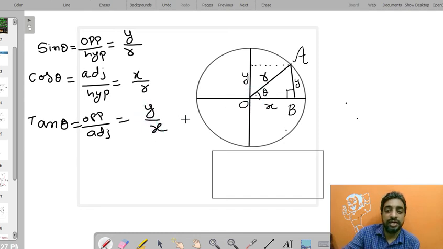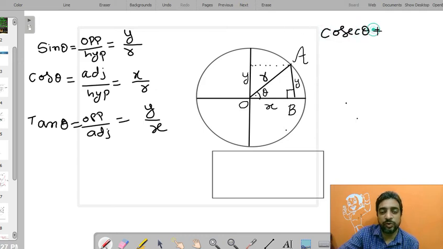Now coming to sine, I am writing over here cosecant. Cosecant theta means the opposite of sine. Sine is opposite by hypotenuse, so cosecant is hypotenuse by opposite. That is y by r for sine, here r by y.